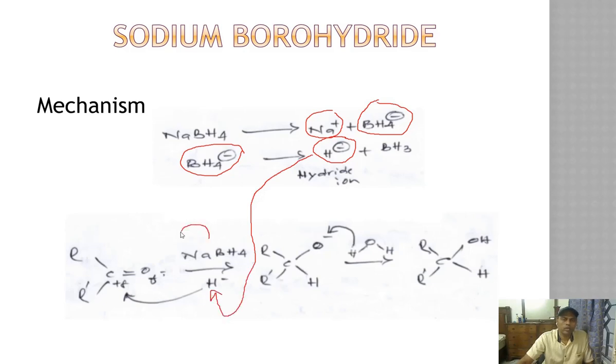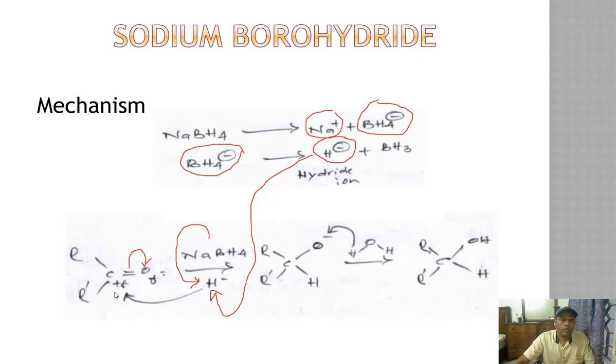Now here, like before, the carbon gets a partial positive charge because the electronegative oxygen pulls the double bond electrons towards it. So oxygen is partially negatively charged, and carbon is partially positively charged.